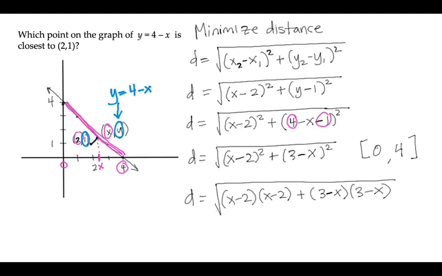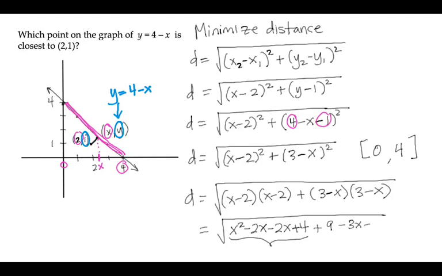So that's going to give me x squared first, outer, inner, last. That's my first FOIL. And then my second one is going to be 9 for my first, outer, inner, last. So that's my second FOIL.